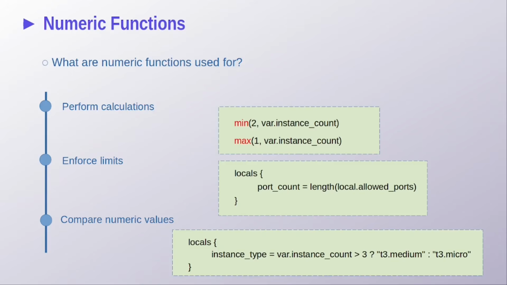This is cost control logic. Example 2, ceil. Terraform can calculate values based on other values, useful for auto-scaling rules and dynamic sizing. Terraform calculates first, then creates the infrastructure.